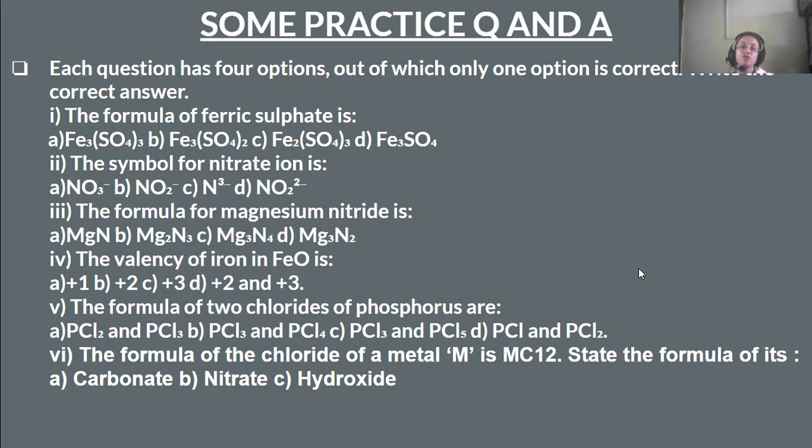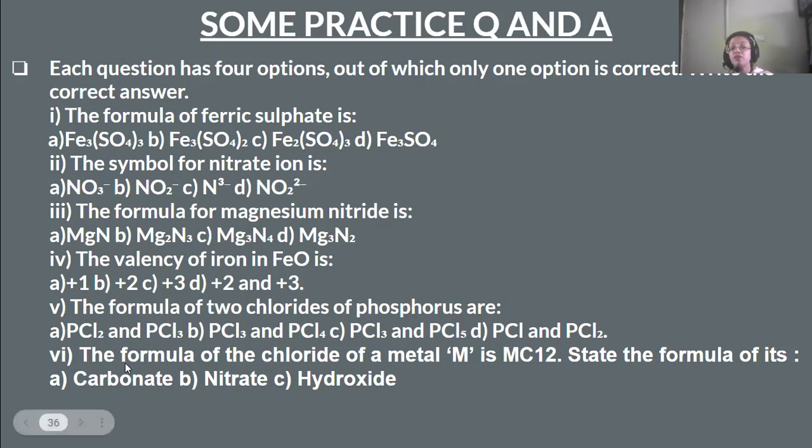Sorry, I'm so sorry, not Pb, it's phosphorus, not lead. Lead is Pb. B is PCl3 and PCl4. C is PCl3 and PCl5, or D is PCl and PCl2. So which option is correct?